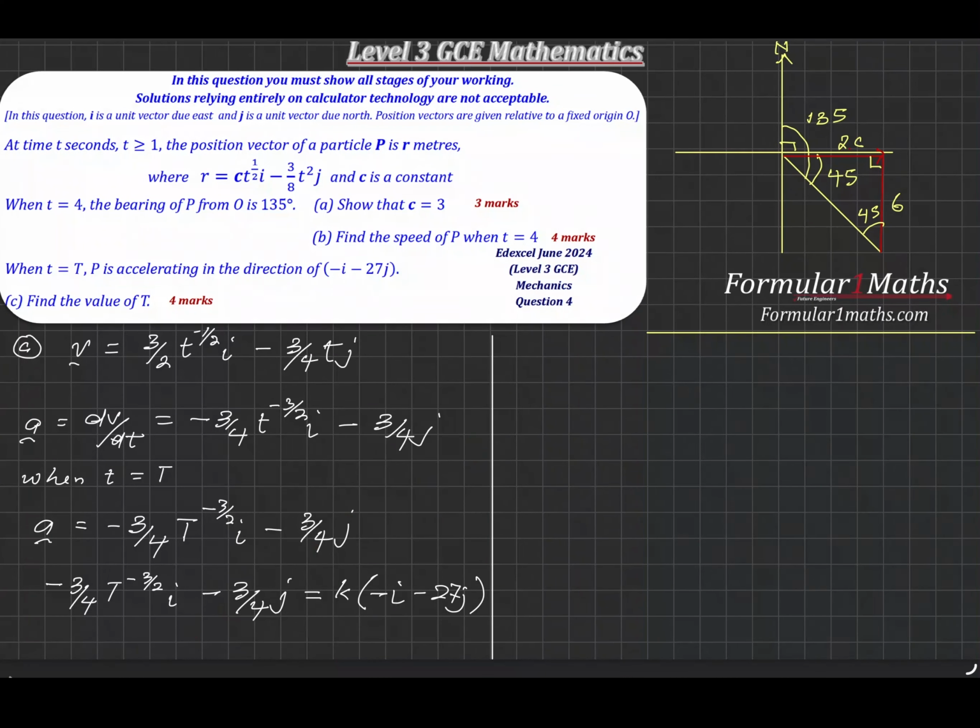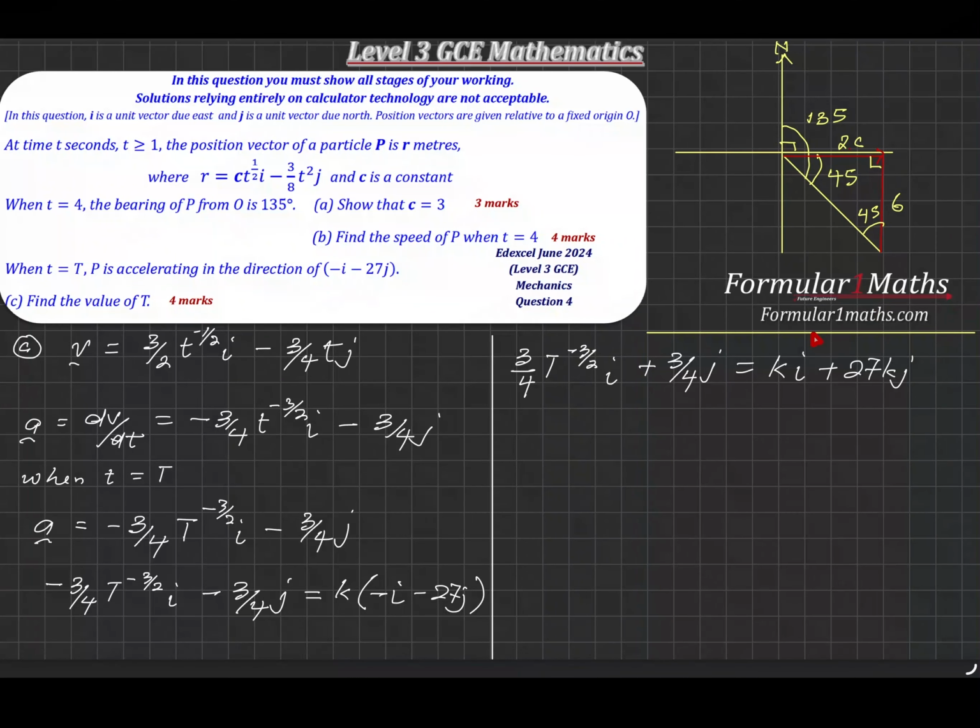I'm now going to multiply each term of this equation by −1. So if I do that, I am going to get 3/4 T^(−3/2) i + 3/4 j equals ki + 27kj.